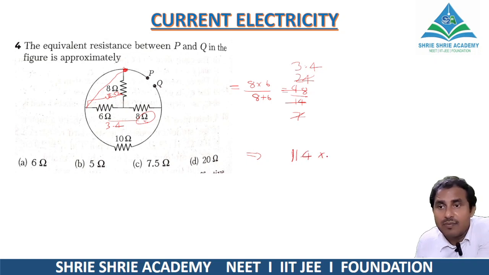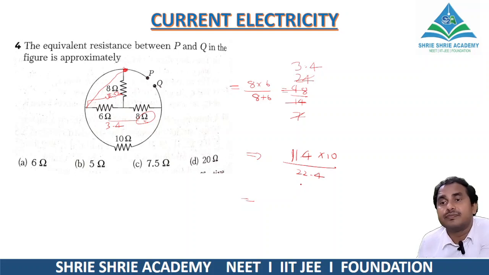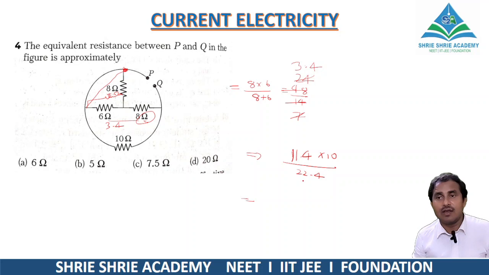and 10 again in parallel connection, 21.4. So if you do this, here 11.4, here 22.4 is there. If you divide this 11.4, you can approximate it also.